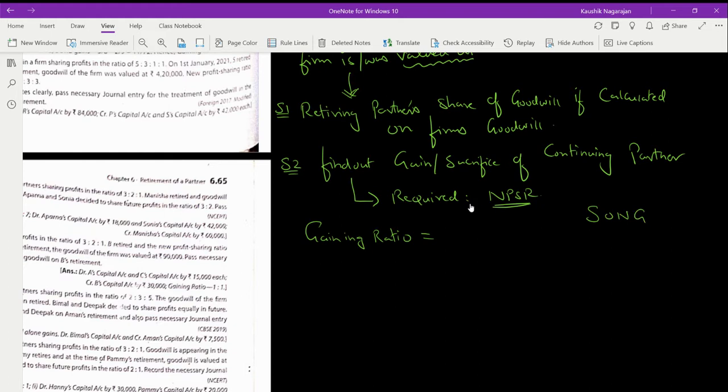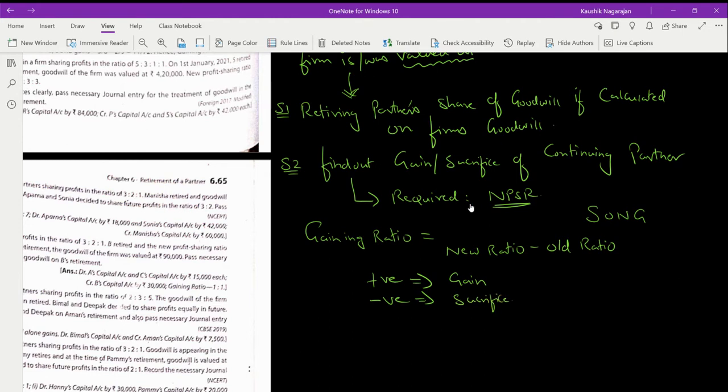So gaining ratio is new ratio minus old ratio. Remember, while calculating with this formula, if you get a positive value for any partner, it is declared as a gain, and if you get a negative value, it is declared as a sacrifice.